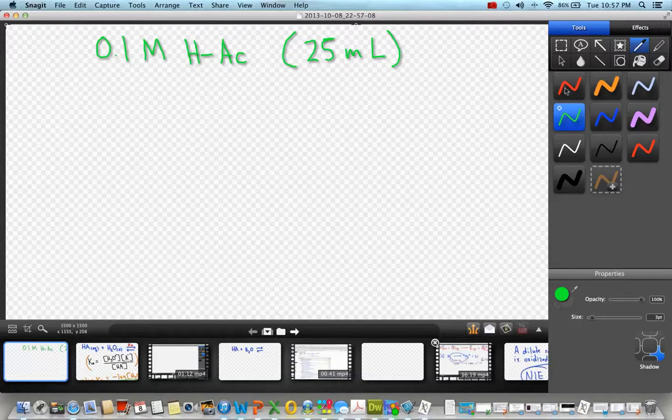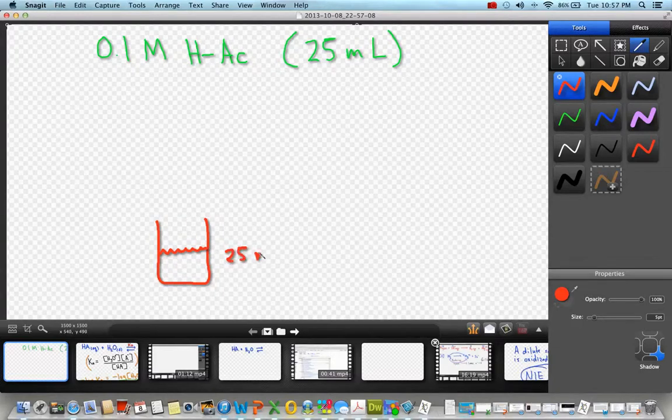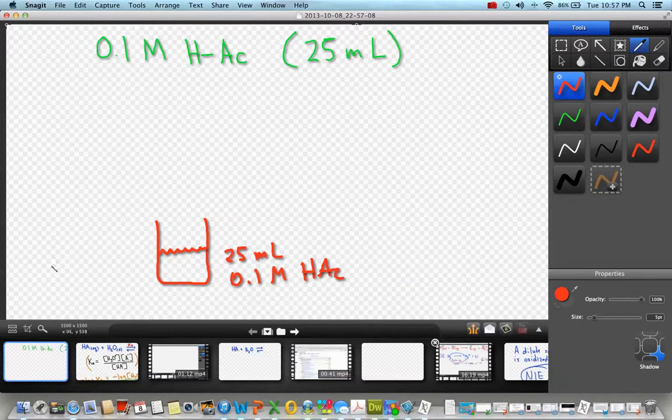So if you go back and use a little bit of imagination in our titration setup, our acetic acid would be in this beaker, 25 milliliters of 0.1 molar acetic acid. Of course, this is better known as our analyte.